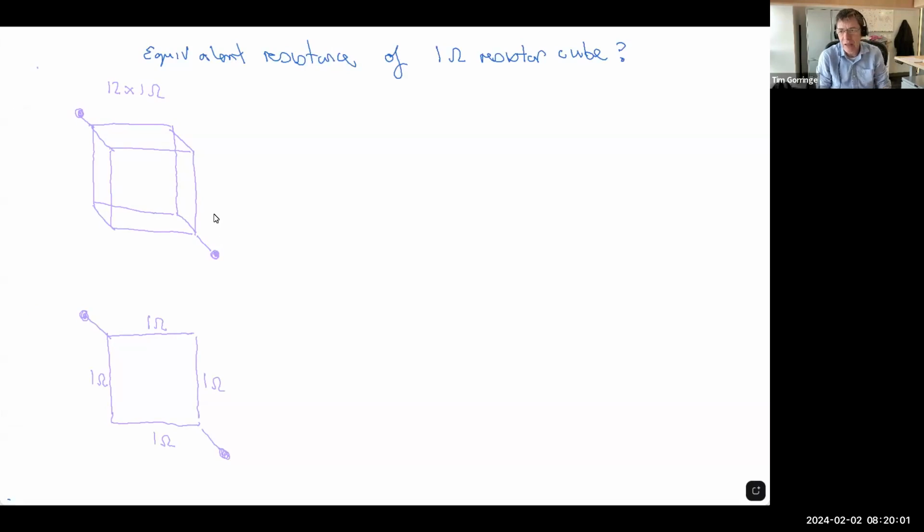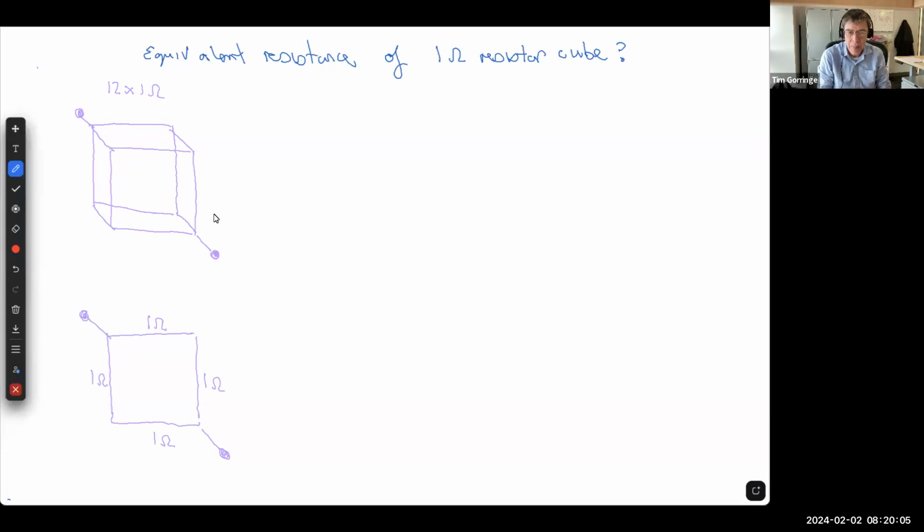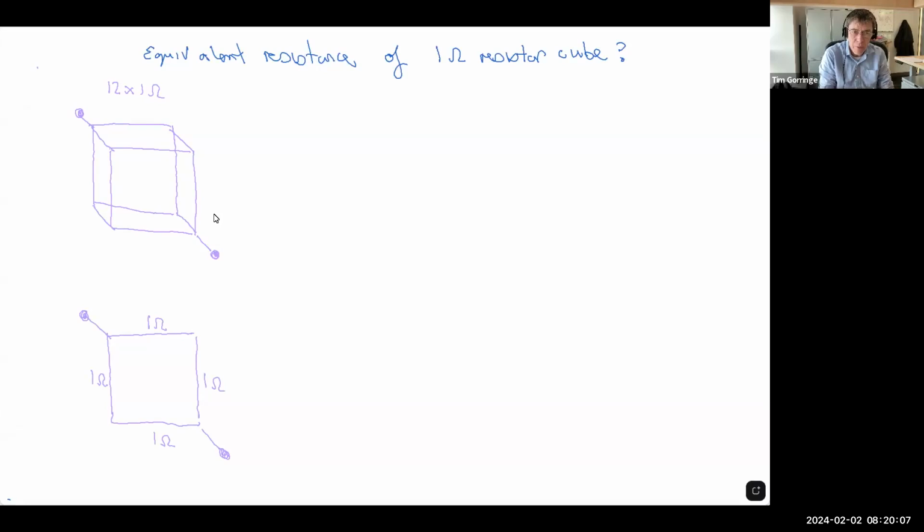Now, this looks like a horribly complicated problem. But this is a problem that we're going to solve. We're going to solve it using our understanding of resistors in series, our understanding of resistors in parallel, the basic rules for combining resistors in series and parallel to make equivalent resistances.